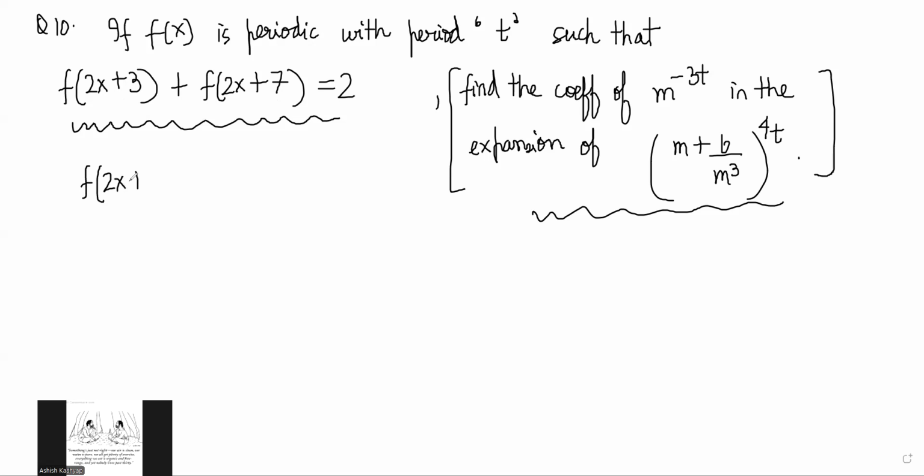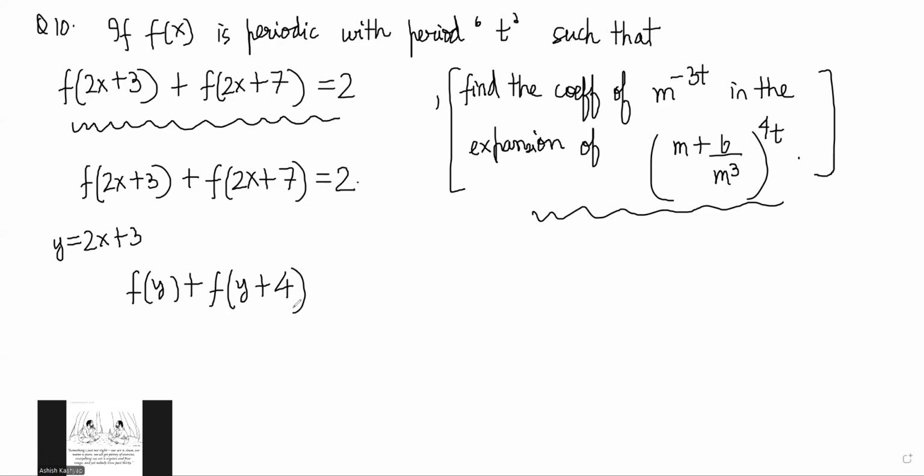f of 2x plus 3 plus f of 2x plus 7 is always equal to 2. So if I put y is equal to 2x plus 3, I'm getting f of y plus f of y plus 4 is equal to 2, right? And instead of y, if I put y minus 4, I will get f of y minus 4 plus f of y is equal to 2 as well, right?